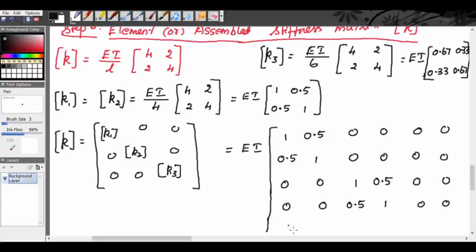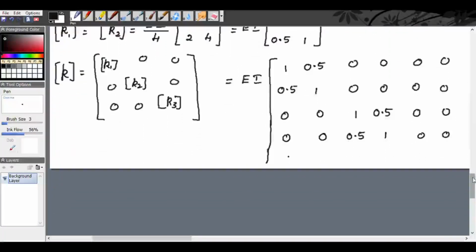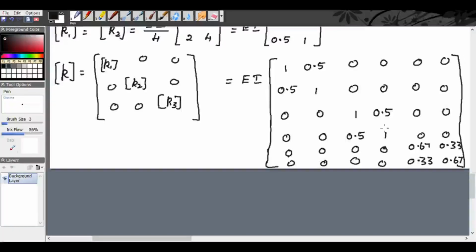And for the third element, 0.67, 0.33, 0.33, 0.67. So this is our element stiffness matrix, small k, right?